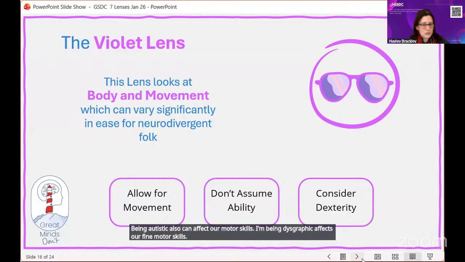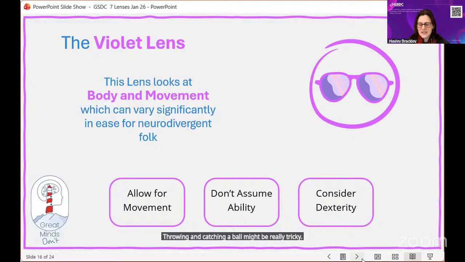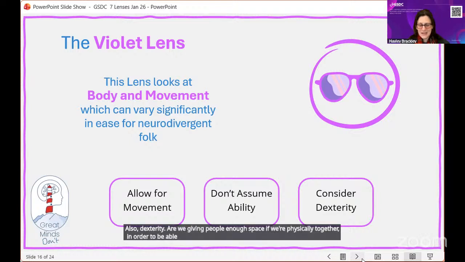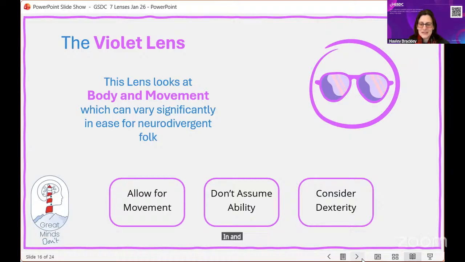Throwing and catching a ball might be really tricky. Also, dexterity. Are we giving people enough space if we're physically together in order to be able to navigate around chairs and tables and in and out of rooms? Are we making it clear to access the resources that we've got available?